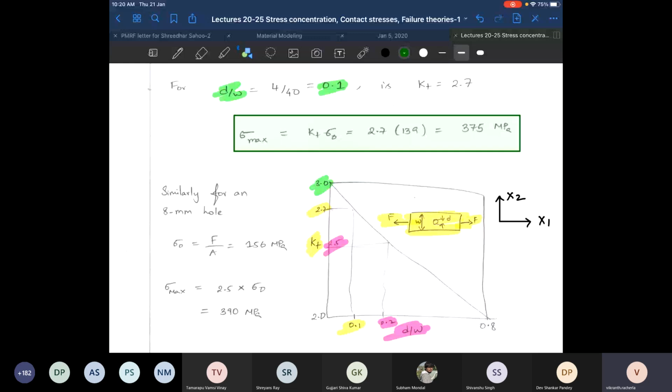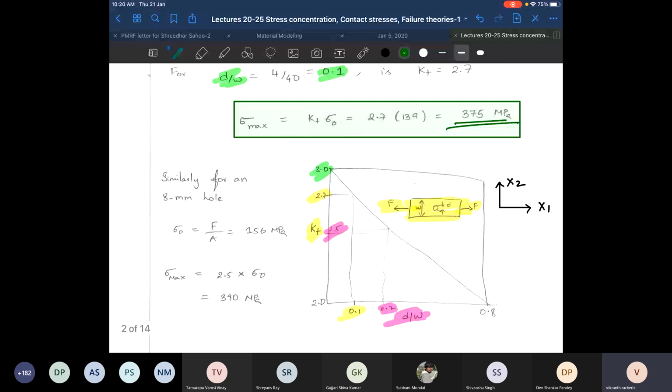So the end result is that the maximum stress is 375 megapascals. Now when you have the 8 millimeter diameter hole, Kt is 2.5, but the nominal stress is 156 megapascals. So the end result is sigma max for the 8 millimeter hole is equal to 390 megapascals.